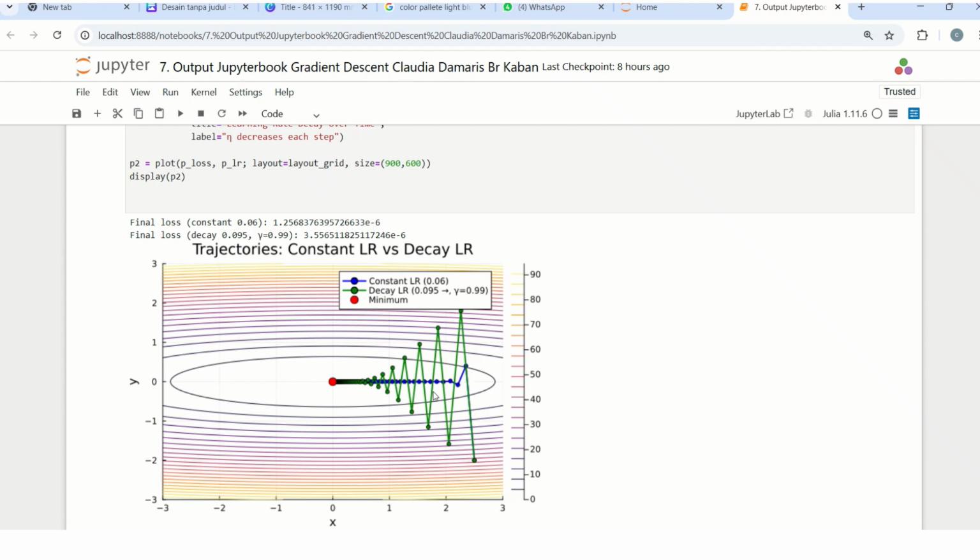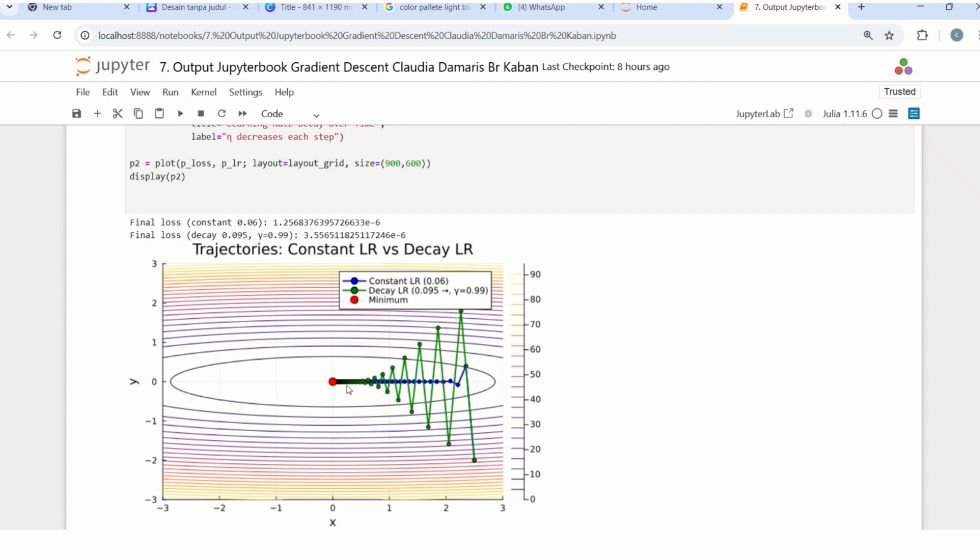So we can see from the green curve that in the beginning of the path it has a fast movement, but as the algorithm approaches the minimum, the learning rate becomes smaller and the path is also smoother with fewer oscillations.